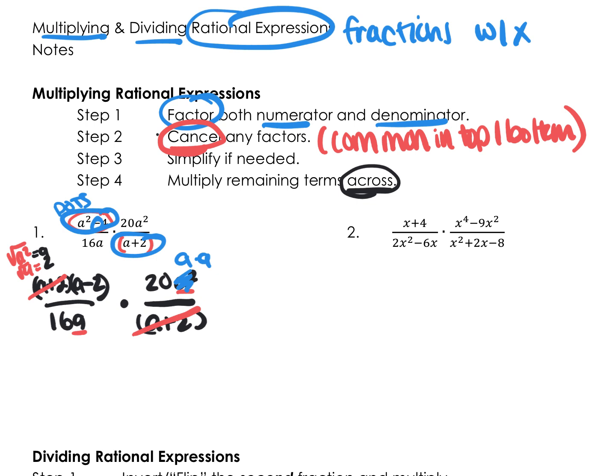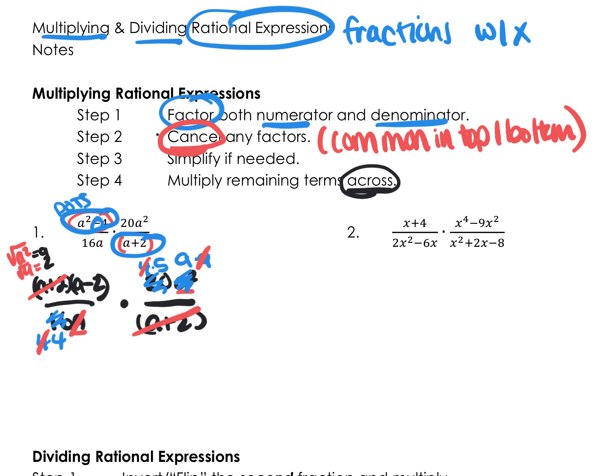And we can do that because then this a and one of those a's will cancel. 20 and 16 also have a common factor. They're both divisible by 4. So we can rewrite 16 and 20 as factors. So 16 is 4 times 4. And 20 is 4 times 5. And I'm choosing 4 and 5 and 4 and 4 instead of 2 and 10 because I want to cancel those common 4s. So I'm using that common factor. So the 4 will also cancel.